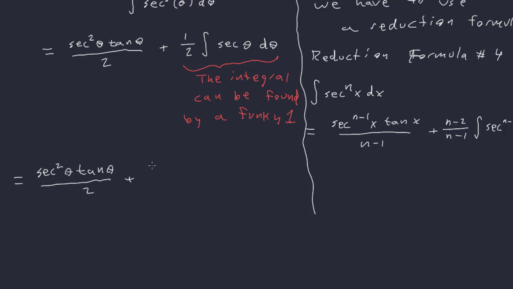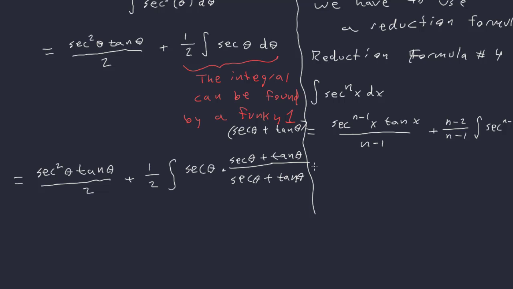Okay, because what we do is we multiply this by secant theta plus tangent theta, over secant theta plus tangent theta. And you might think, well, why in the world is that our funky version of 1? And it's mainly because it's magic and it works. All right, so we're just going to copy this piece down.